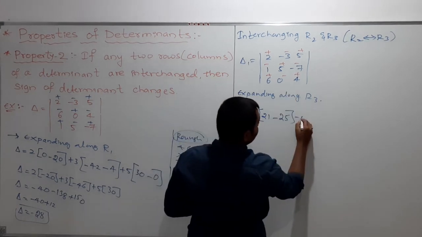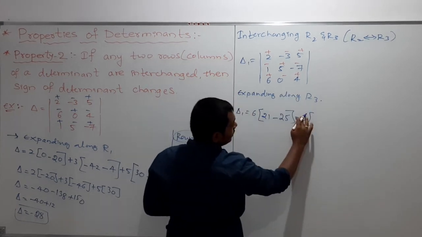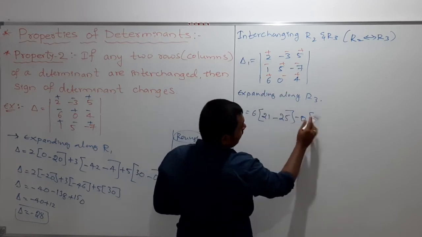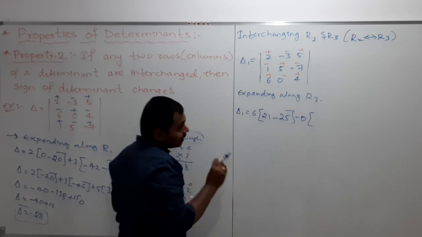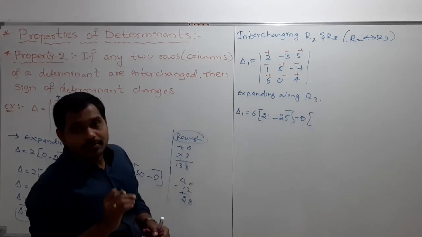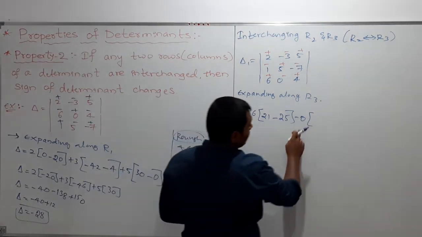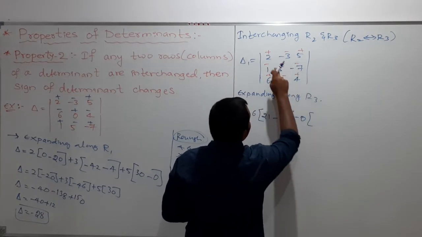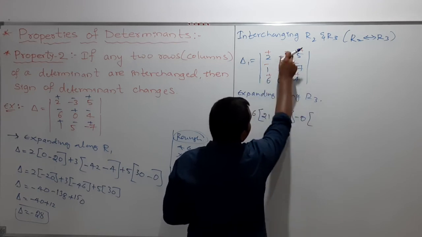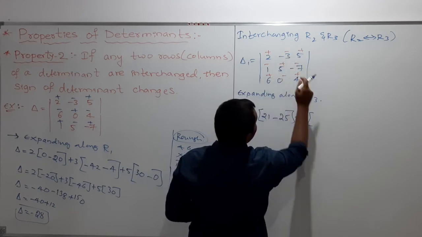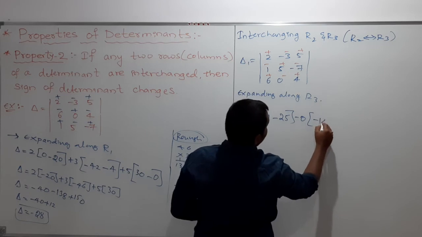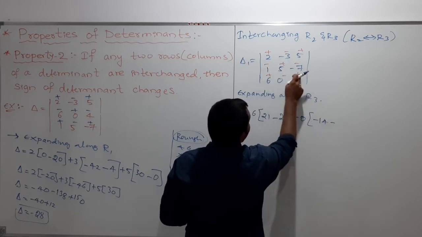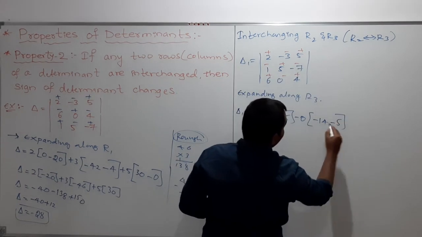And next, minus 0 into anything is 0; either you can write it or leave it, but I will write it to see it in a proper way. So 0, leave this row and this column. Here it is 2 into minus 7, minus 14, minus of 1 into 5, minus 5.